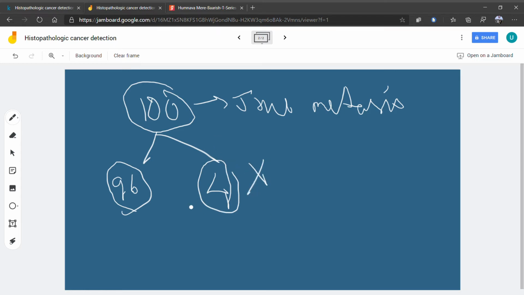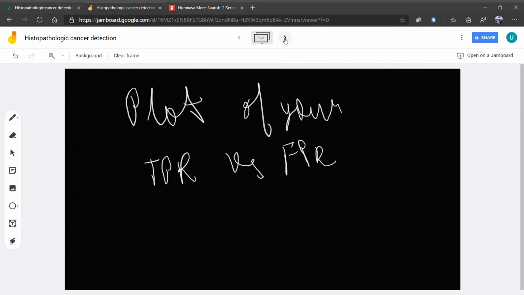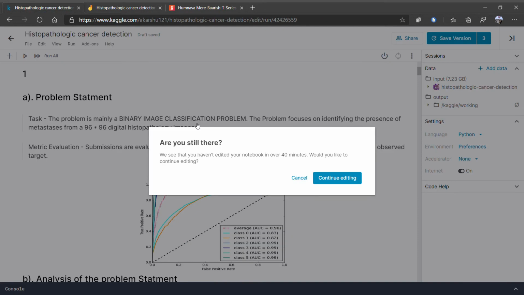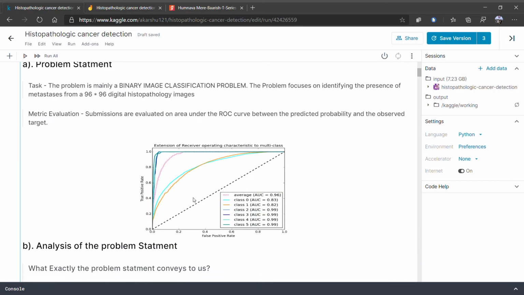So this is the concept of the ROC curve. Mainly the plot goes like this. This is the false positive rate and this is the true positive rate, and the plot is obtained like this.